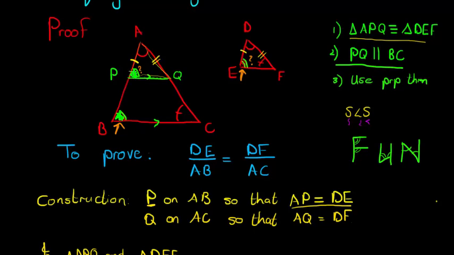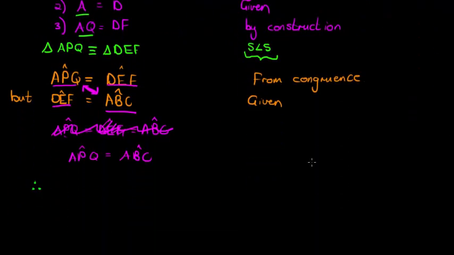So I've shown that corresponding angles are equal. That means PQ must be parallel to BC. Does that make sense? So I've now shown that PQ is parallel to BC, and I can use corresponding angles as my reason.